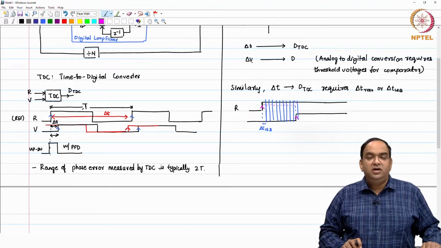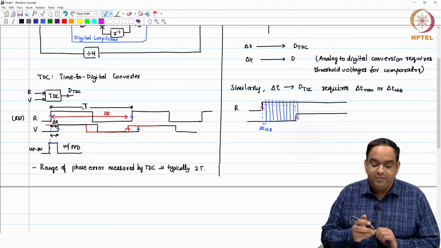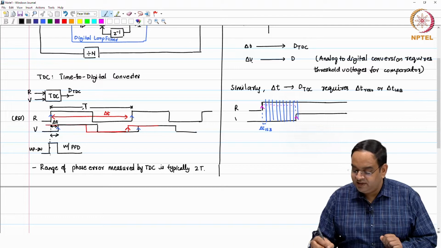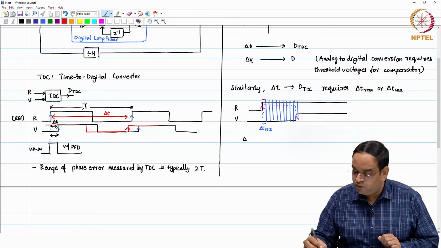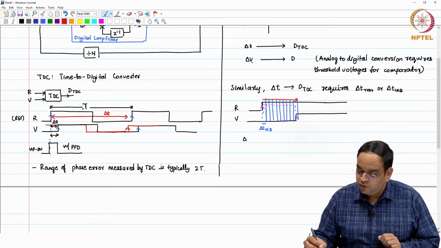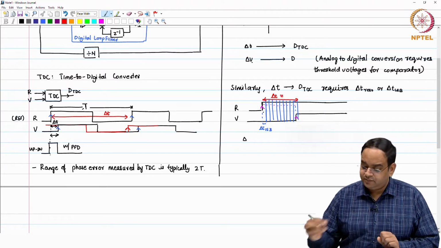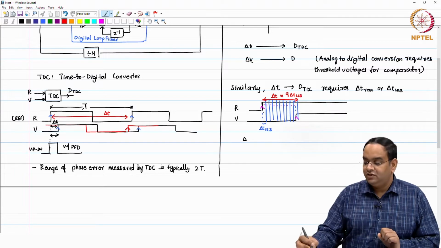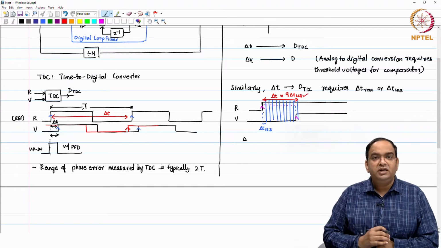So, depending on how you are giving the compared value, you can say the separation between these two rising edges, this particular value, this delta T is approximately 9 times delta T LSB. So, this is something which you need.